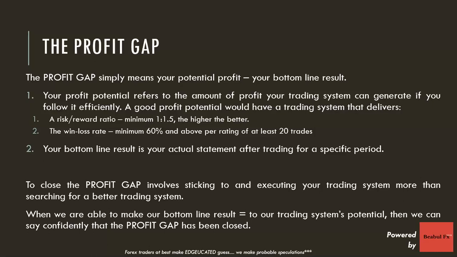Because if you have the profit potential in a trading system as mentioned above, you should make equal to that amount or more if you stick with your trading plan. When we're able to make our bottom line results equal to our trading system potential, then we can confidently say that our profit gap has been closed.